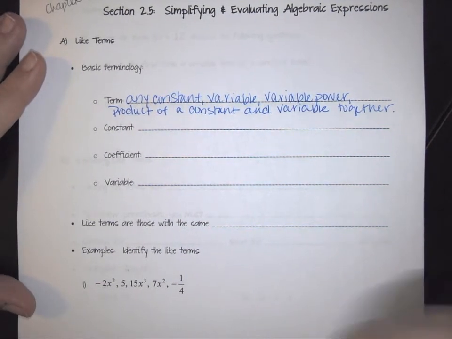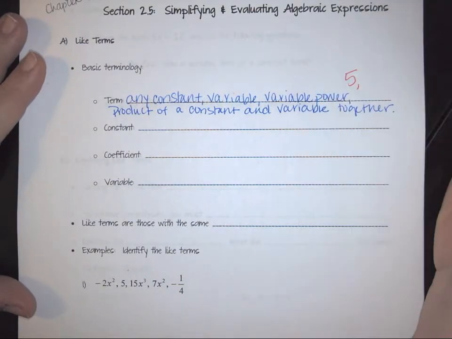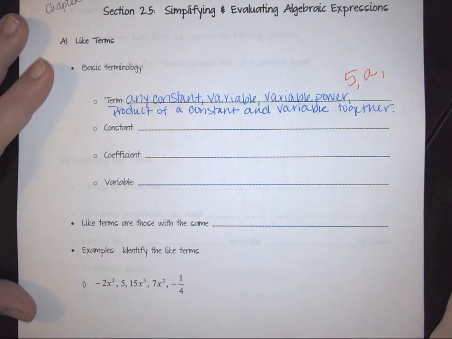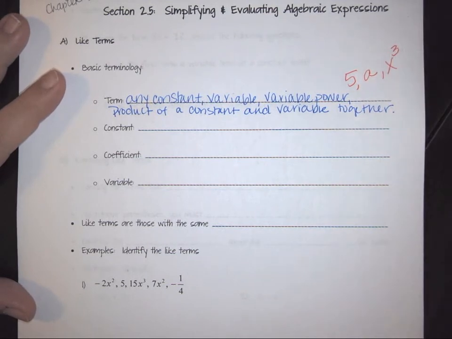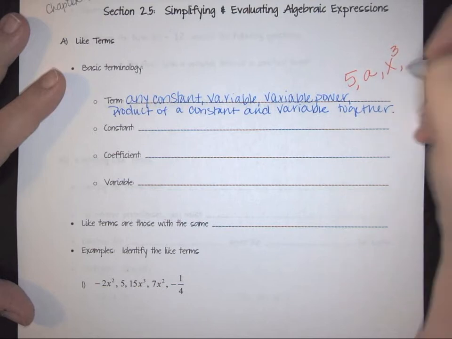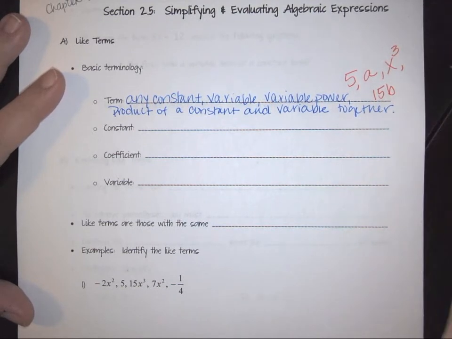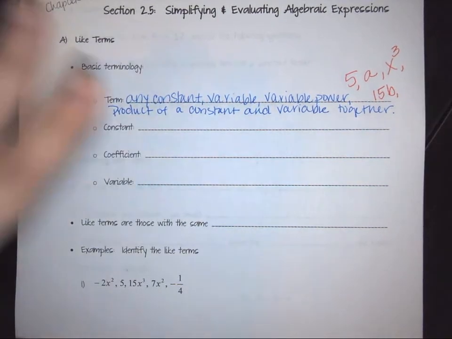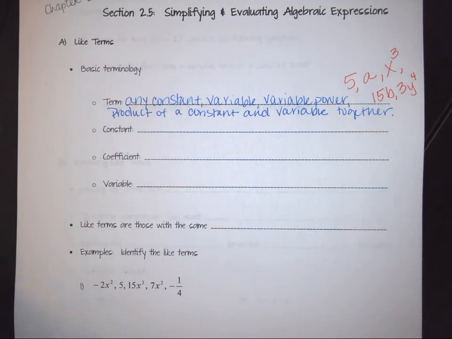Well, it means, for example, it could be something like the number 5, or maybe we're talking about the letter A. We could be talking about something like x cubed, so variable power, or we could be talking about something like 15b, or even as simple as 3y to the fourth. Anything like that, those are all considered terms.